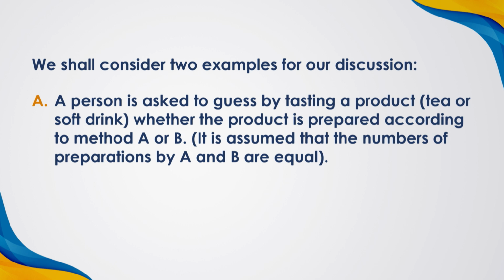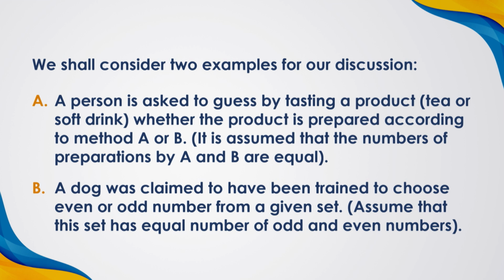In the first, a person is asked to guess by tasting a product, tea or soft drink, whether the product is prepared according to method A or B. It is assumed that the numbers of preparations by A and B are equal. In the second experiment, called B, a dog was claimed to have been trained to choose even or odd numbers from a given set. Assume that this set has an equal number of odd and even numbers.